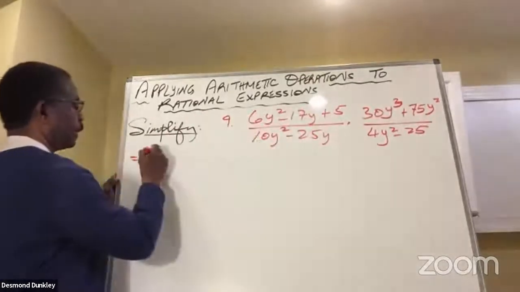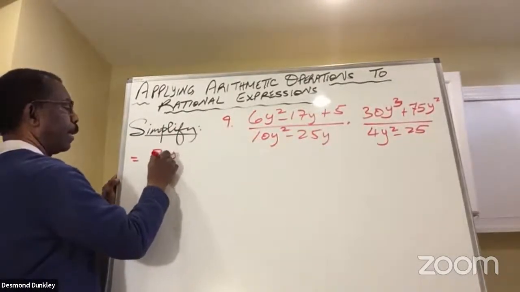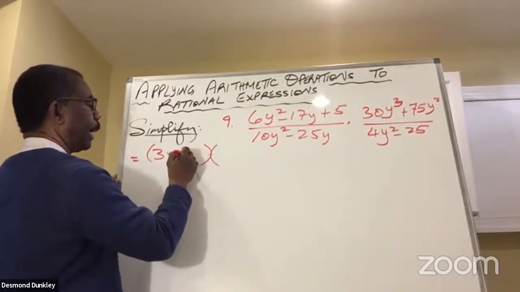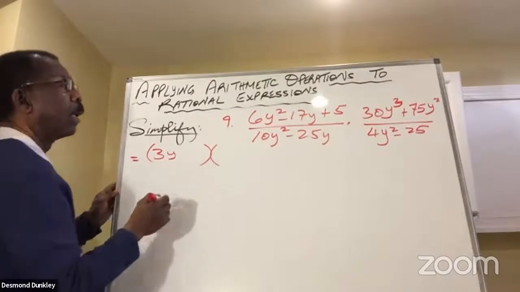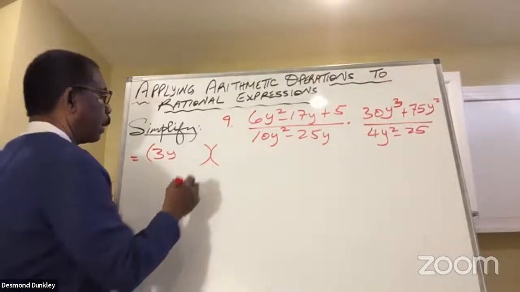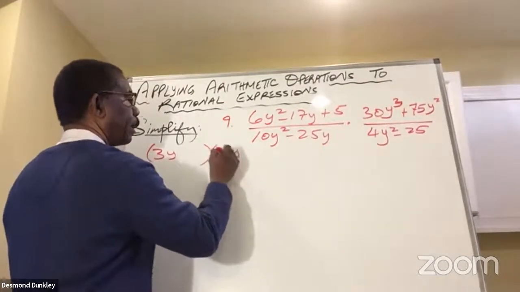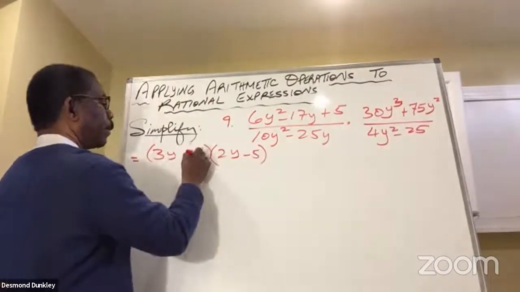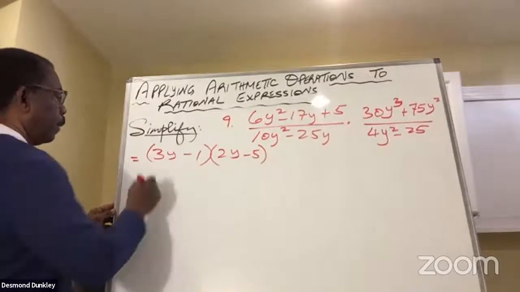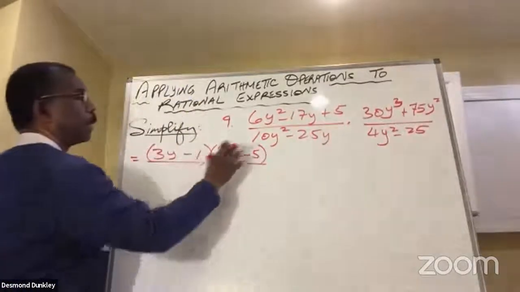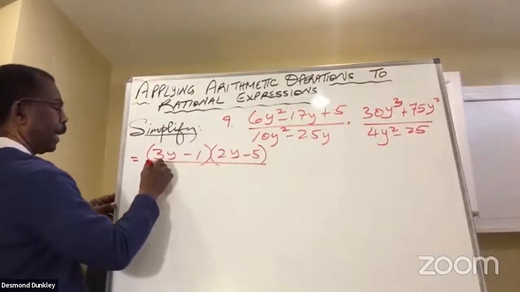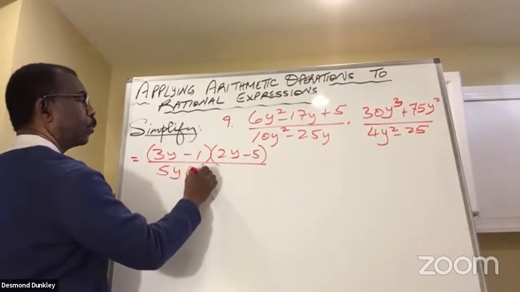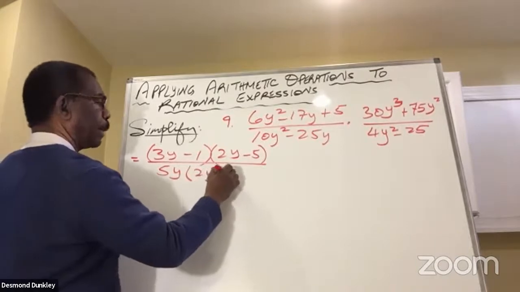This is going to give you something like this, 3y minus 1 and 2y minus 5, over the bottom is going to be 5y times 2y minus 5.